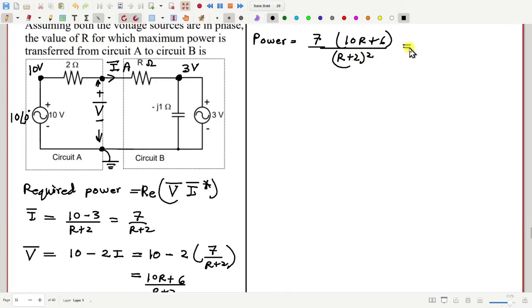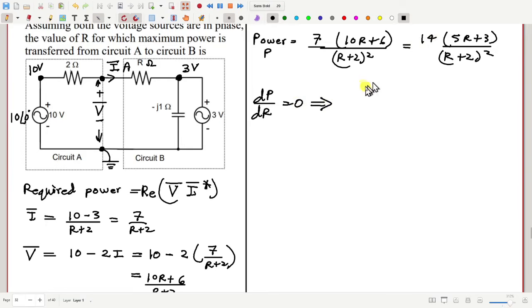Which is equal to, taking 2 common, 14 into 5R plus 3 by R plus 2 whole square. Now when will this power be maximum? When the derivative of this quantity with respect to R is 0. If I call this P, then dP by dR should be equal to 0.